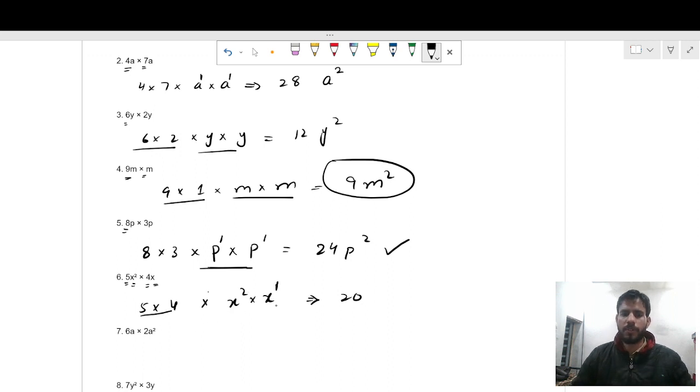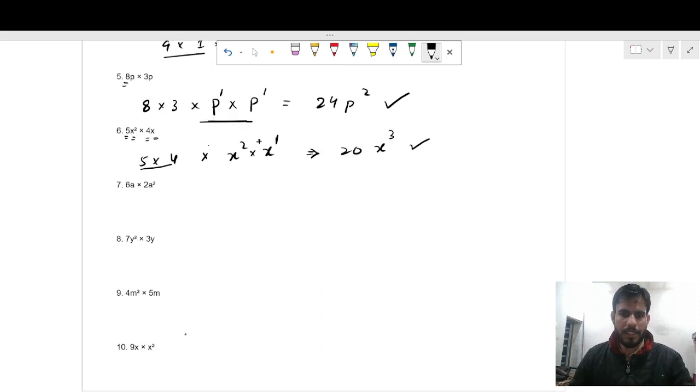If there is no power, it is invisible 1. So as there is a multiplication between the same variables, and this power is 2, this power is 1, we will add the powers. 2 plus 1 is 3, so x to the power of 3. That is our answer.